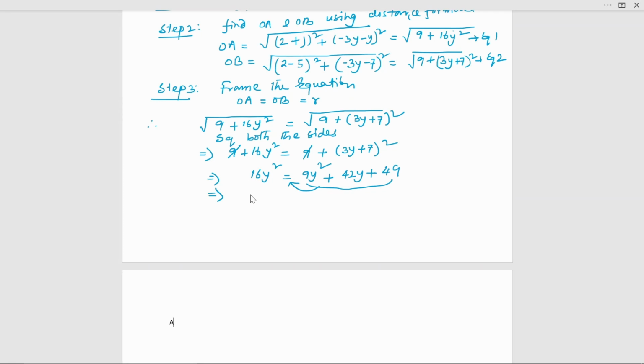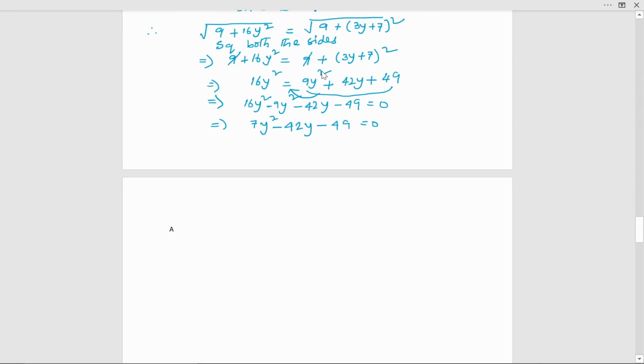So we have 16 y square minus 9 y square minus 42 y minus 49 equal to 0. Or we have 7 y square minus 42 y minus 49 equal to 0.